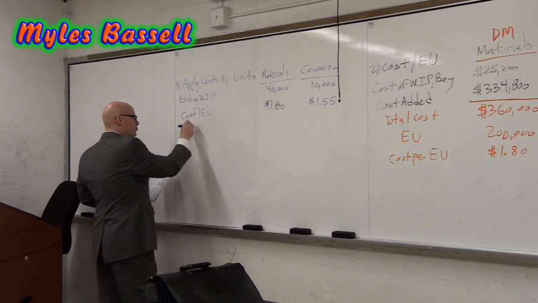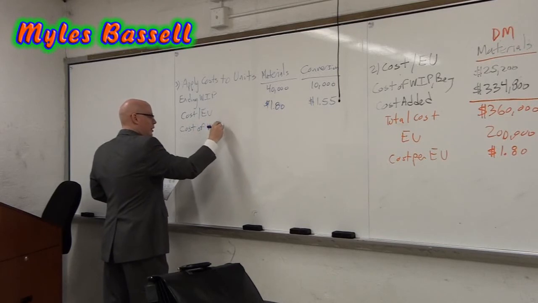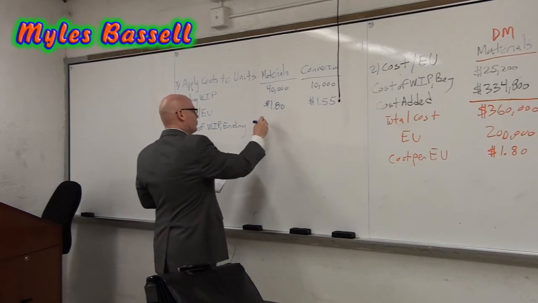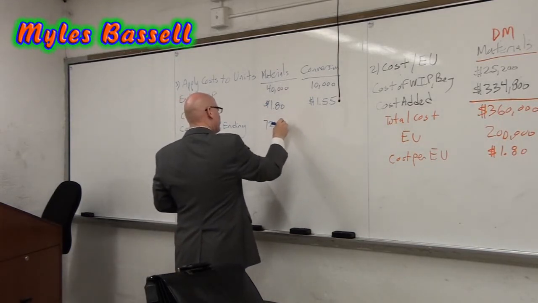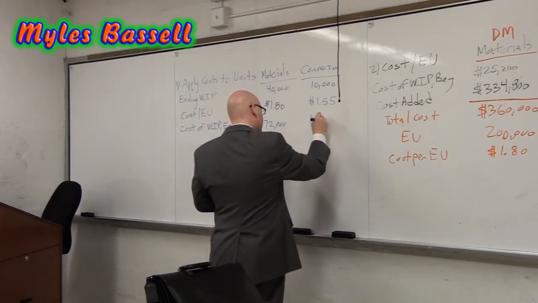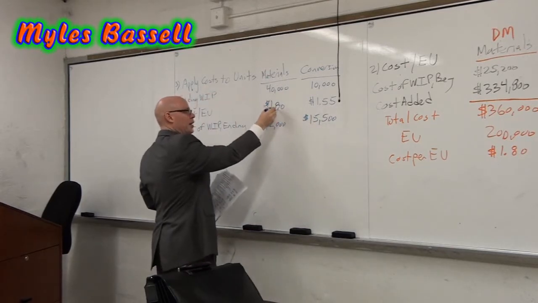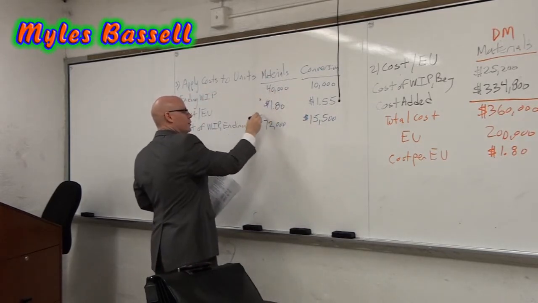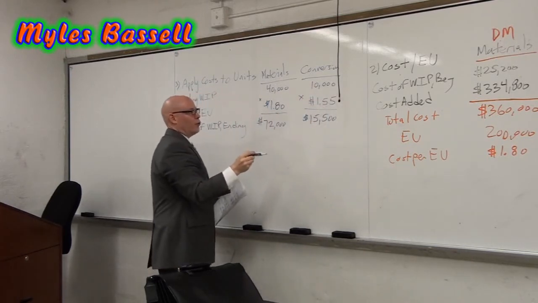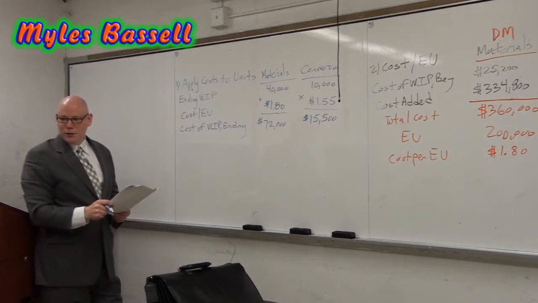Now we know the cost of the work in process at the end of the period, which is simply $1.80 times 40,000 units, giving us $72,000, and 10,000 multiplied by $1.55 gives us 15,500.